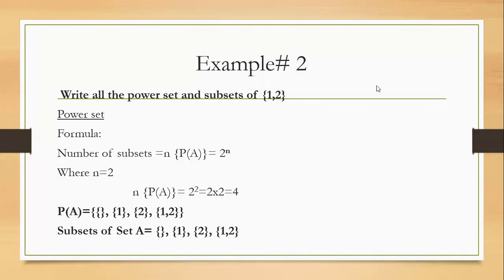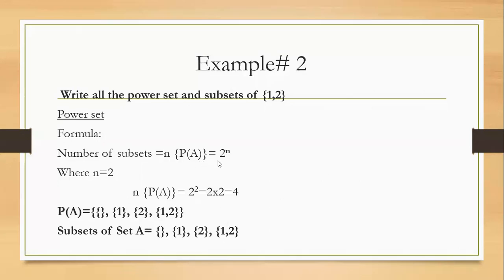Here, I have given the name A again. Now you have to find the power set of this set and the subsets. First, let's find the power set. The formula is: number of subsets is equal to 2 to the power n, n(P(A)) = 2^n. Note down this formula quickly.